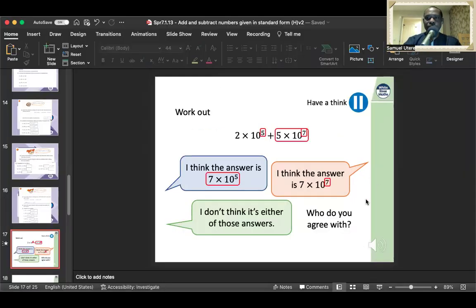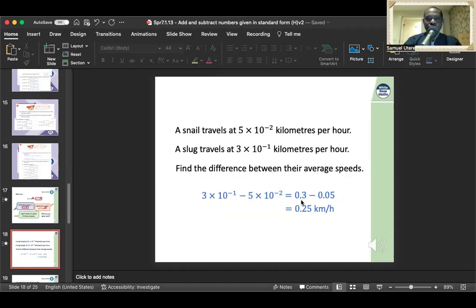You see that the numbers, the answers are neither correct, so neither this one nor this one.